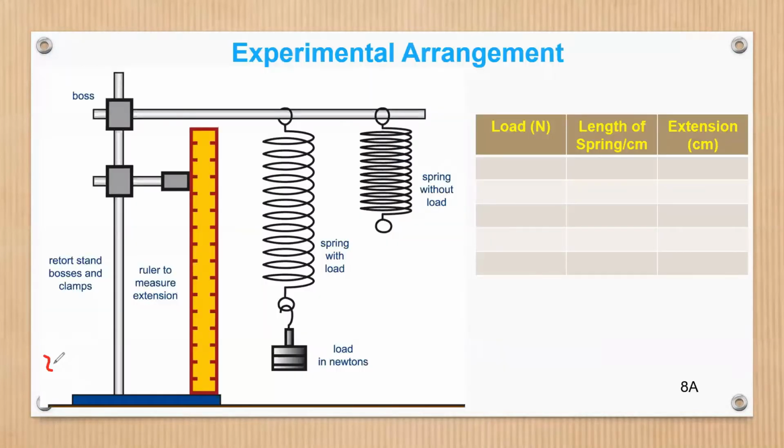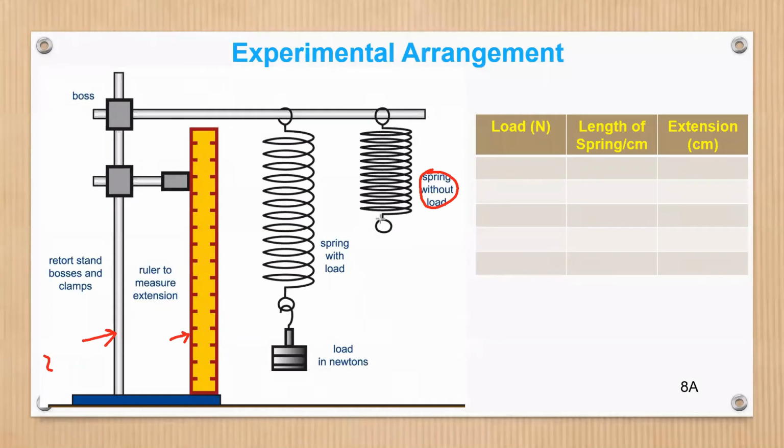To perform the Hooke's law experiment, we take a spring without load. We take a retort stand. We take a ruler that should be vertical. We use different bosses and clamps to hold the ruler and spring. First of all, with the help of the ruler, we calculate the original length of the spring.